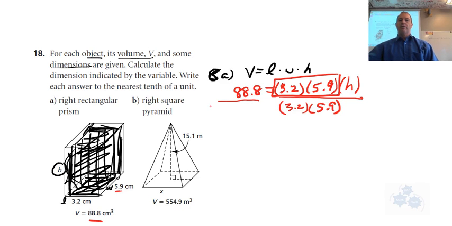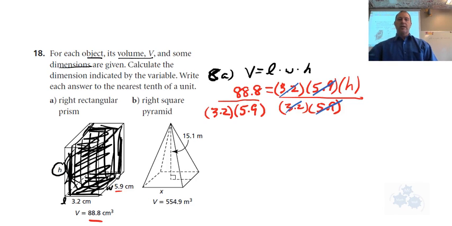We divide it off. And because it's an equation, what we do to one side, we have to do to the other side. So when we do this, we see that 3.2 is a factor on the top and the bottom. That divides out, and so does 5.9.